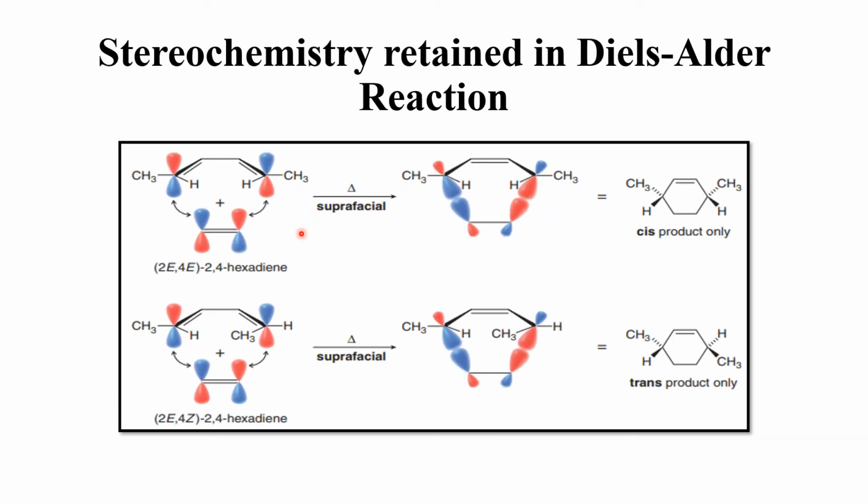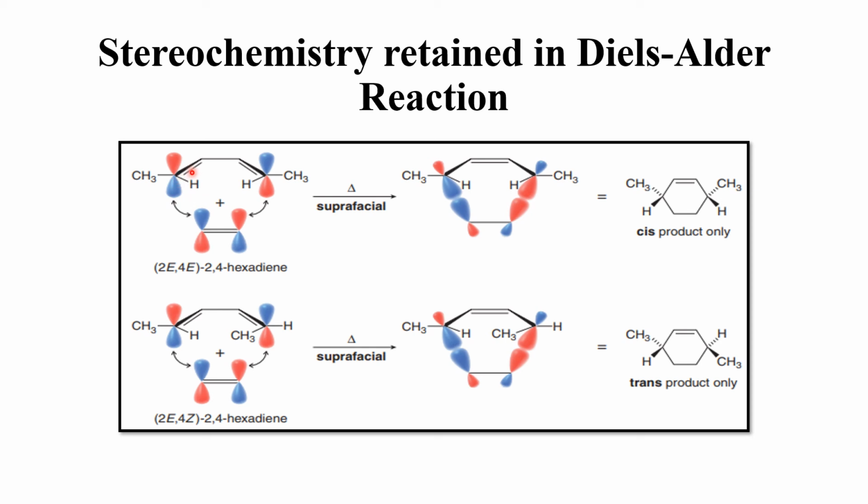And what is the stereochemistry of this reaction? The stereochemistry is retained. Whatever the reactant stereochemistry, the same will be retained in the product also. See here, the cis reaction is there, so suprafacial will take place and we will get the cis product only. These are all the same phase, so the same overlap will take place, it becomes suprafacial, and we will get the cis product.